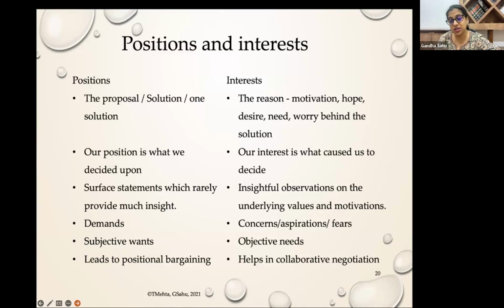Our interest is what caused us to decide. Because I did not feel that I was respected, I took a decision: let me show you who I am. I'll file a case against you for encroachment. I'm not going to let you go. You have to respect who I am. So what caused you to decide is our interest.